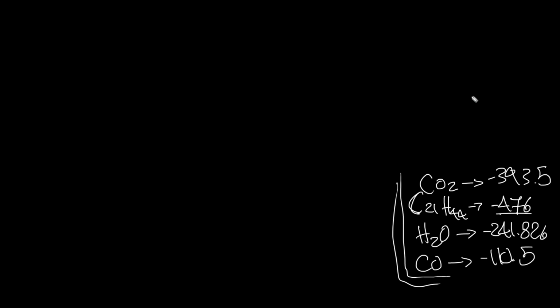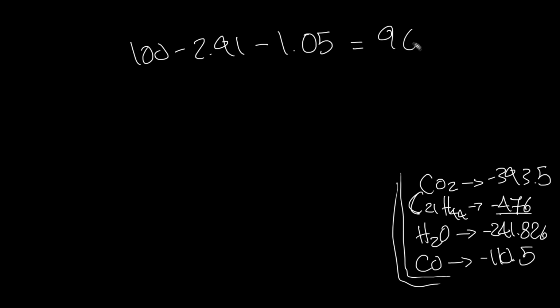So 100 minus 2.91 minus 1.05. So this is the percent that's going to burn incompletely. This is the percent that's going to undergo soot formation, and this is the percent that's going to go complete combustion.